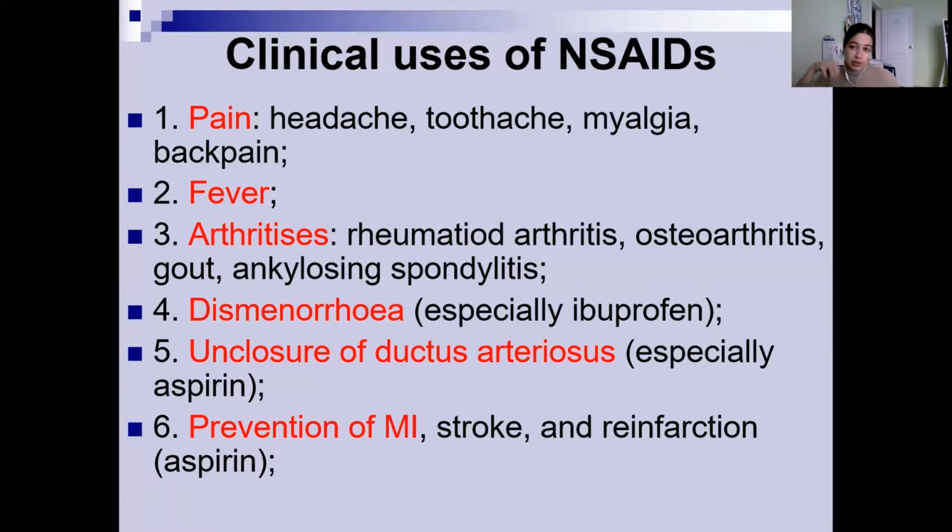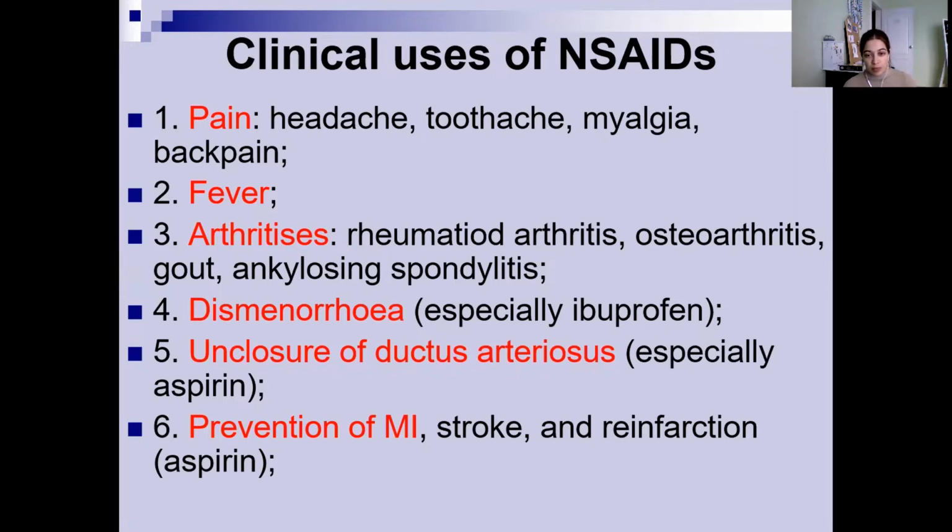That's why in his artery he has that ductus arteriosus, which reduces the preload on the heart by taking some blood from the lung artery to the aorta. And the opening of this ductus is dependent on prostaglandins.